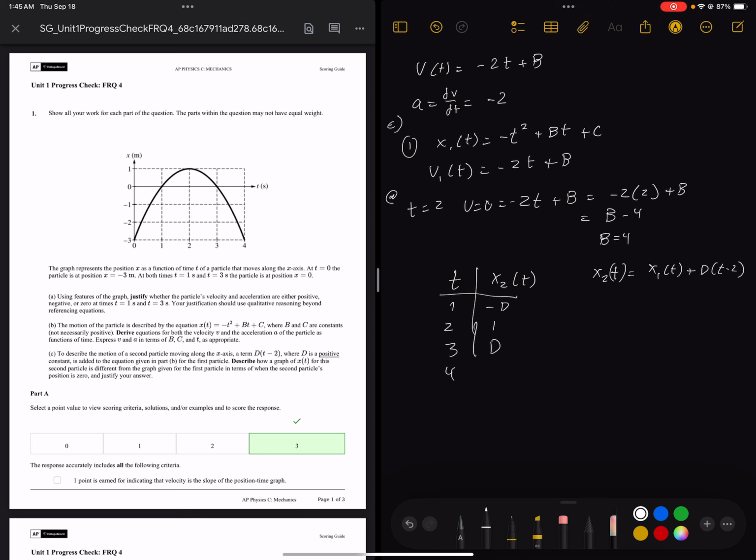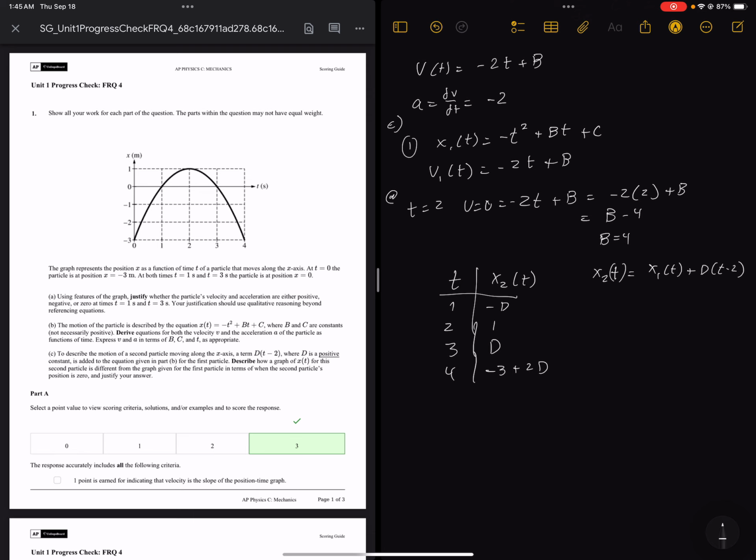And then at t equals 4, I ended up at position, what is that? Is that b minus 3 or 1 minus 3? No. It's negative 3 plus 2d. So at t equals 4, is it positive? Is it negative? Well, it depends on how large the value for d is.